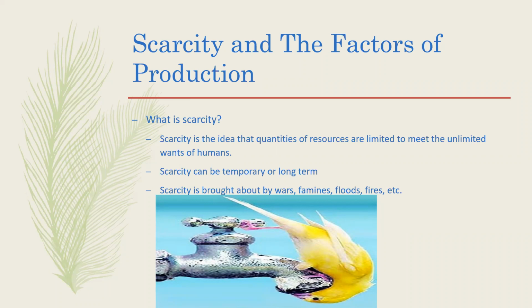Hence, this term scarcity comes back up, where because our resources are limited and our wants are unlimited, we have scarcity. And it can be temporary or long term, right? Scarcity is brought about by wars, famine, floods, fires, etc.